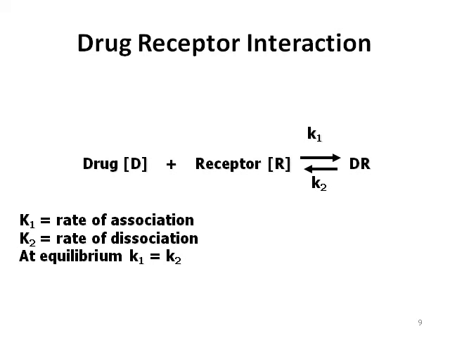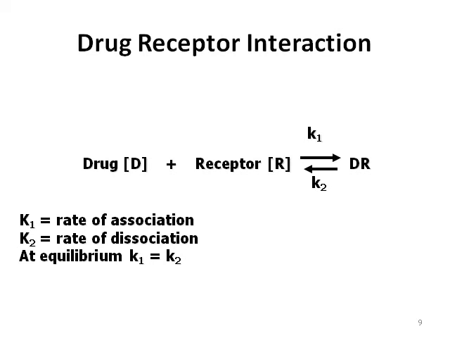That drug-receptor complex, in the majority of reactions, is a reversible binding, which means that it releases, and then we have a dissociation from the receptor by the drug. This rate of dissociation is referred to as K2. Normally, at equilibrium, we're going to see that K1 and K2 are going to be equal. But this just simply depicts the typical drug-receptor interaction that you would see.